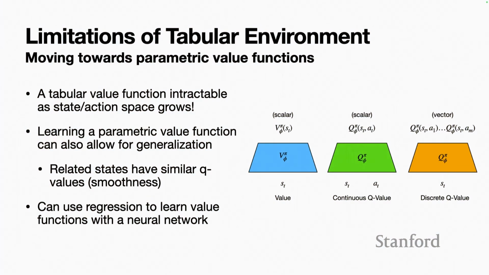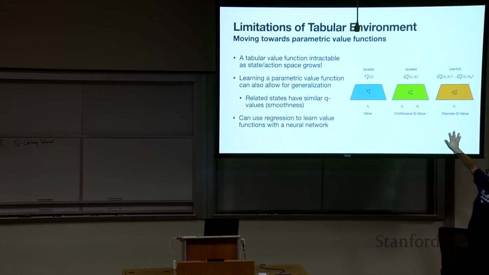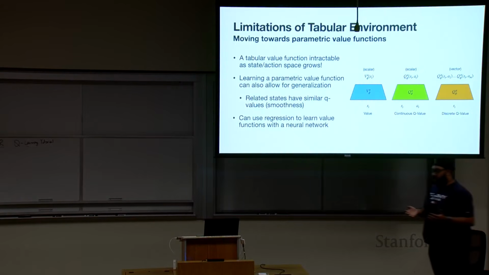One is a continuous Q function, which takes in both a state and an action and outputs a scalar, as well as a discrete Q function, which outputs for a given state a vector for all possible actions that you have. To be fair, you could also use the left representation to learn the discrete Q value, but it's generally advisable to do this as long as your discrete space is tractable, because you have the ability to enumerate all actions in your space.